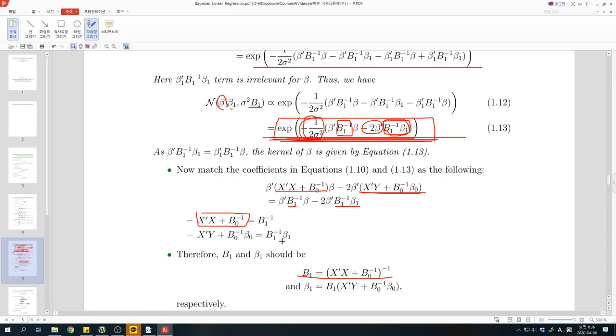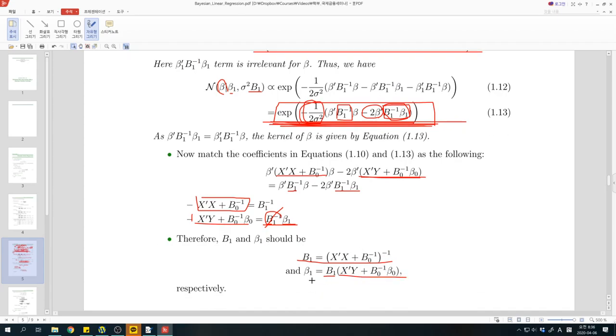And what about beta 1? We can derive beta 1 by multiplying b1 on the left hand side and right hand side. On the right hand side, this one must be cancelled out. So that's why we have b1 times x prime y plus b0 inverse beta 0, right?